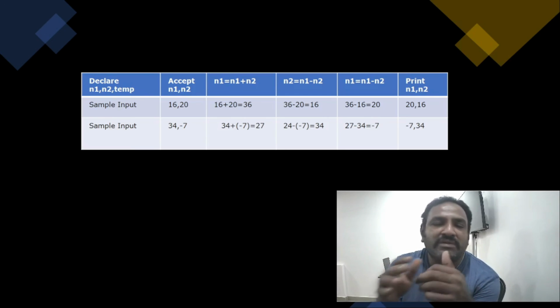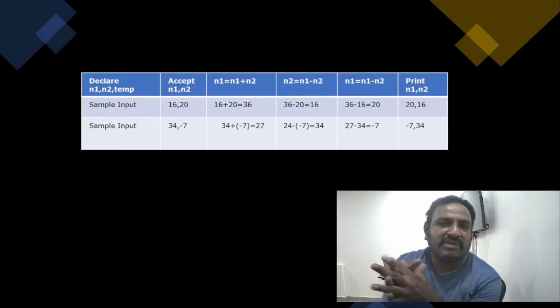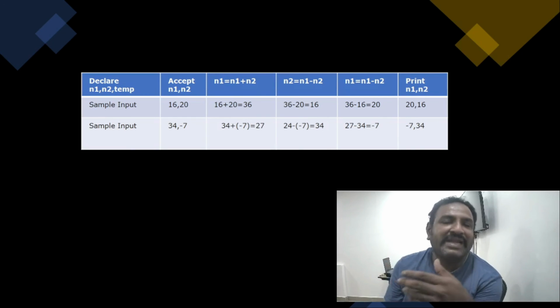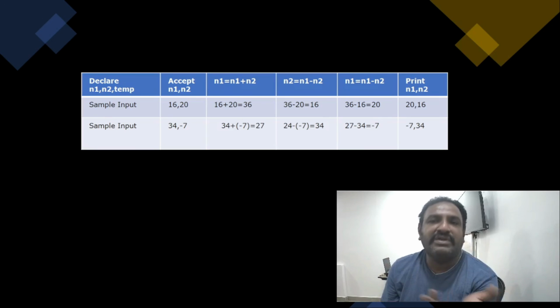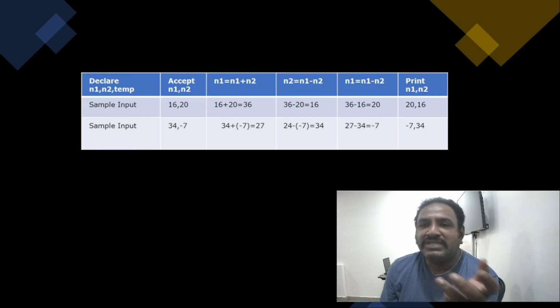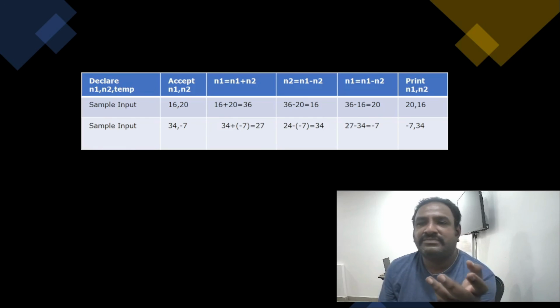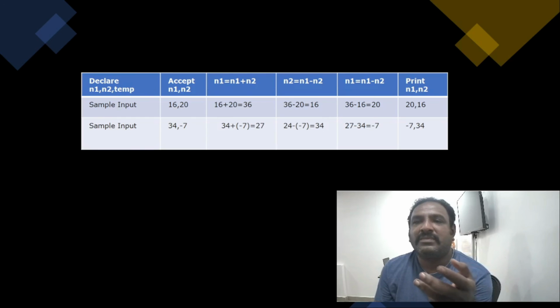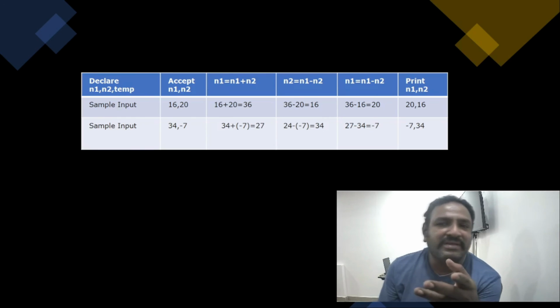The same expression will work for negative values also. That's why I'm taking the second input. One value is 34 and the other value is minus 7. 34 plus minus 7 becomes 27. Sorry, here it is not 24, it's 27, I put it as 24.